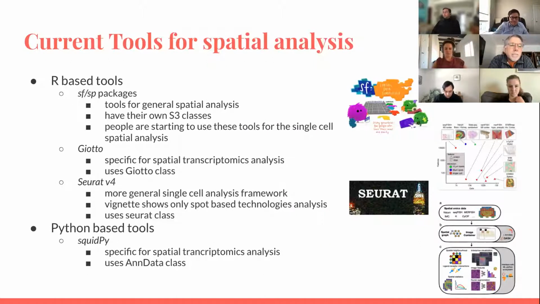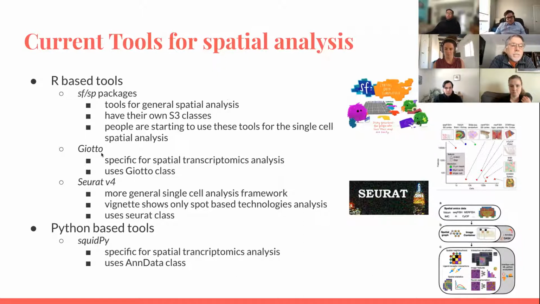This is a very brief overview of the tools that we have for the general spatial analysis. For example, in R, we have the sf and sp packages. They are very general tools for the spatial analysis, and some people are starting to use them in combination with other Bioconductor tools for the analysis of the single cell spatial data.